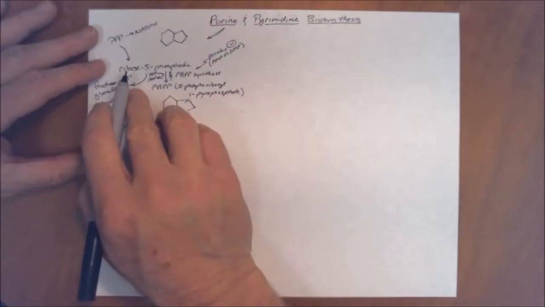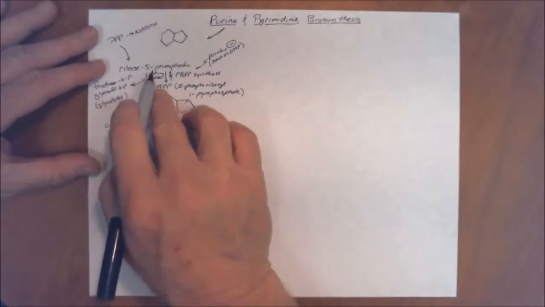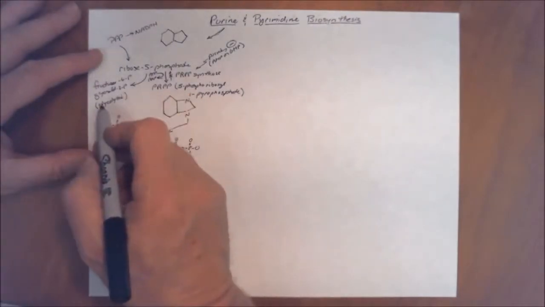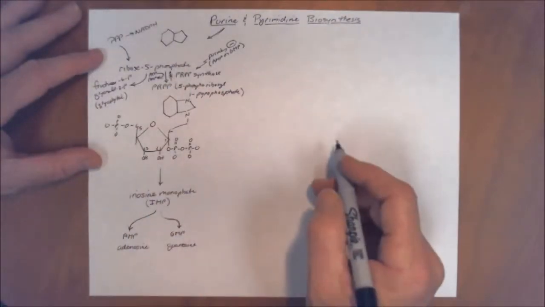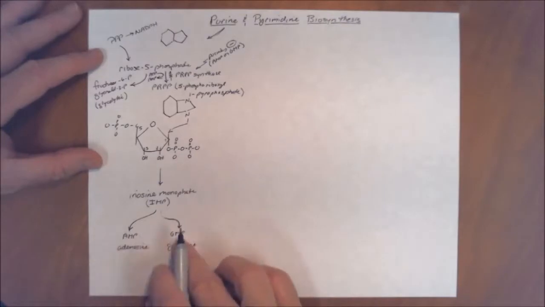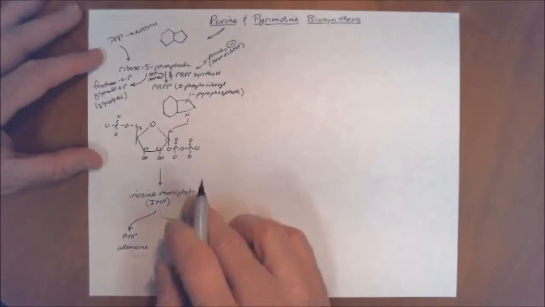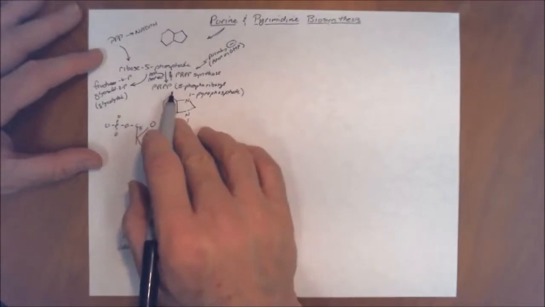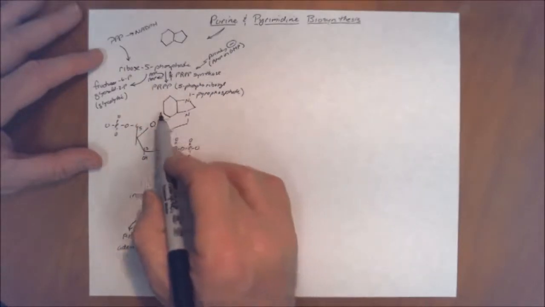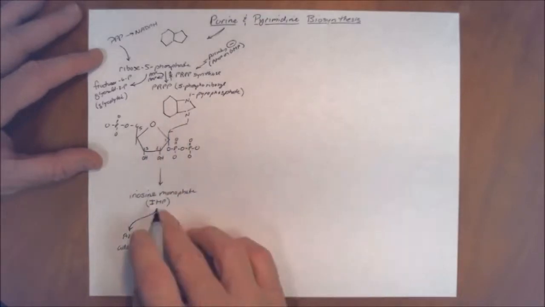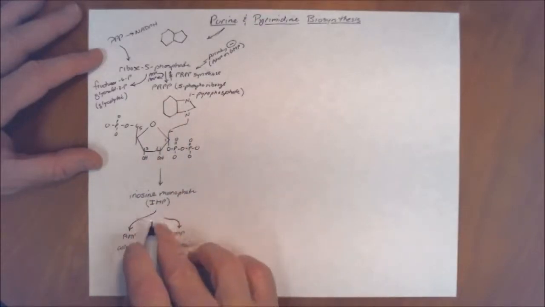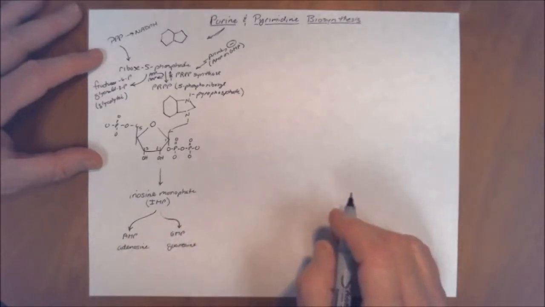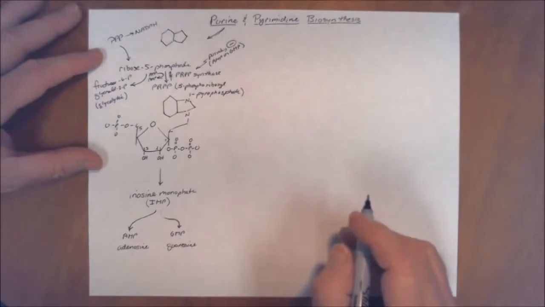This will block the entrance of ribose 5-phosphate into the nucleotide synthesis pathway and shunt it into glycolysis to take advantage of those carbons. As our levels of AMP and GMP begin to decline, now we want to synthesize purines, so we allow PRPP product to be formed. We build the ring structure on the ribose, generating IMP, and then modifying the ring structures to give us AMP or GMP, adenosine monophosphate or guanosine monophosphate.